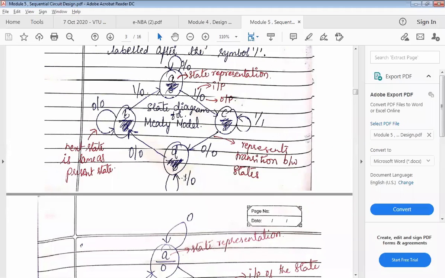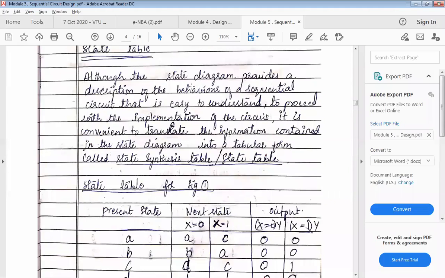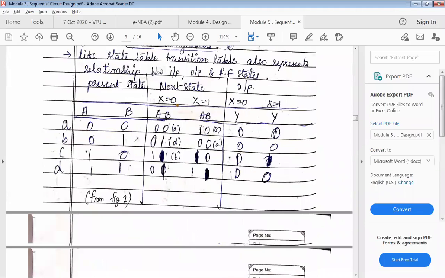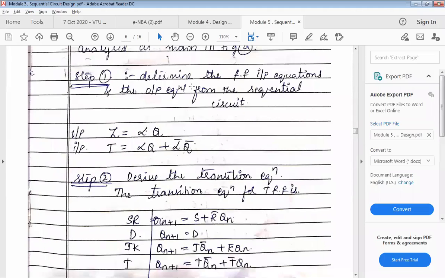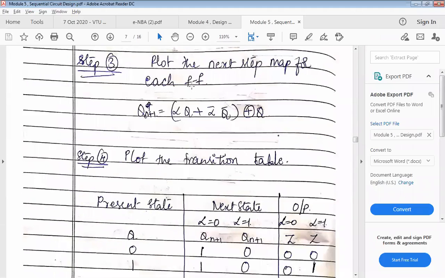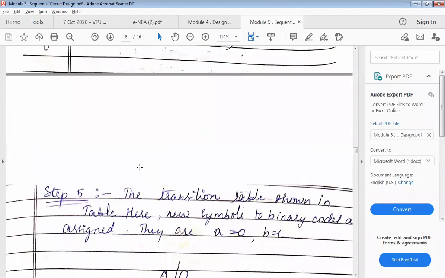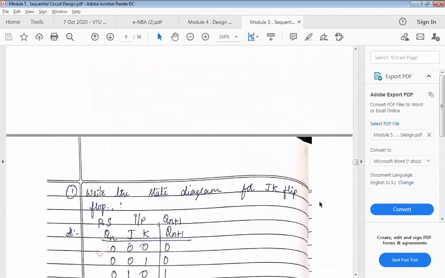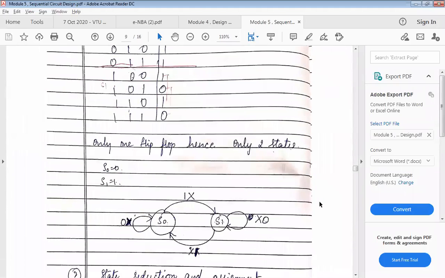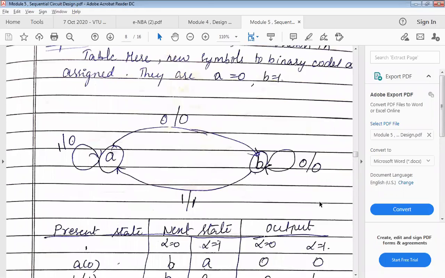So just naming the graph and its contents. Once we start solving problems, I will show you step by step how we get things worked out, what kind of calculations we do, and how we get the state diagram and the state table. All this we will see with respect to problems. We will be solving problems extensively and try to understand.